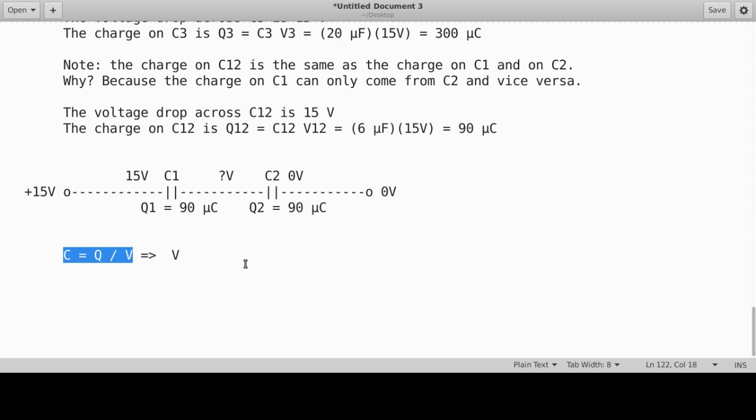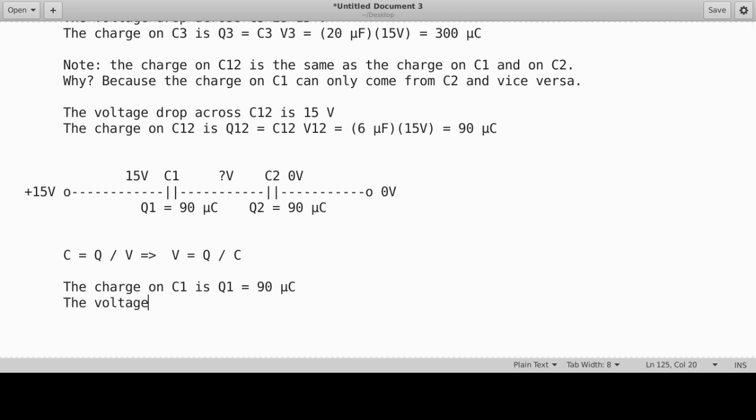If I just rearrange this equation, V is equal to Q divided by C, okay? And we're going to use this twice. We're going to use it once for C1 and again for C2. So the charge on C1, I know I'm being a little bit repetitive, but that's okay, is Q1 equals 90 microcoulombs.